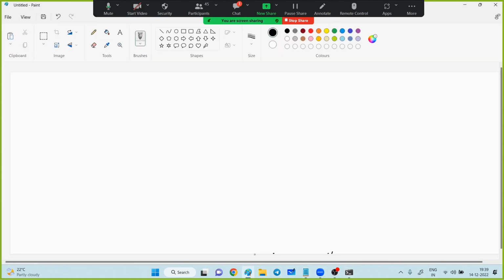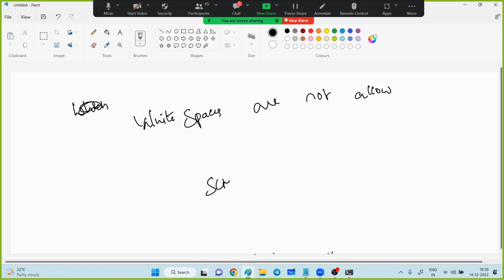white spaces are not allowed. Suppose you want to declare a class as a science test, how will you write it in a notebook?